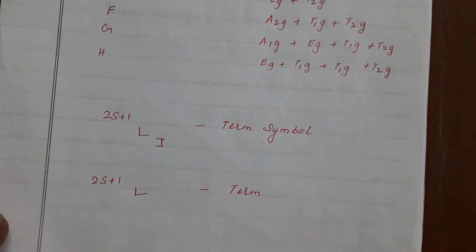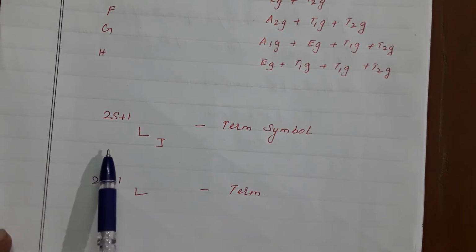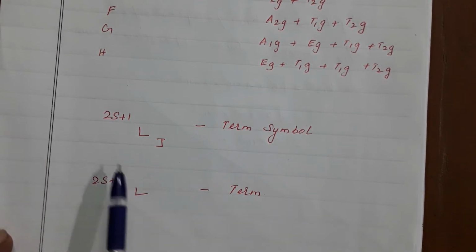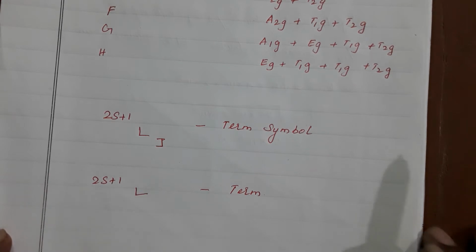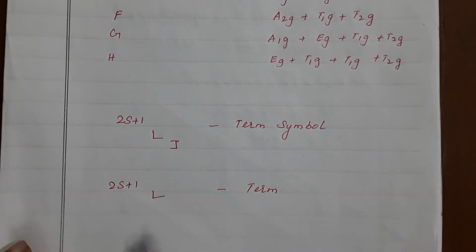Before drawing the Orgel diagram, you have to know about the term symbol: how to find the term symbol, what the term is, and what the formulas are. We already discussed in my previous video how to find the term symbol for the d^n configurations.